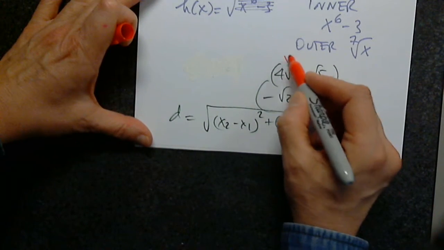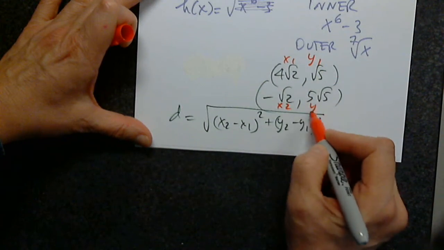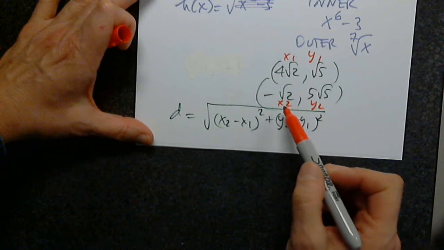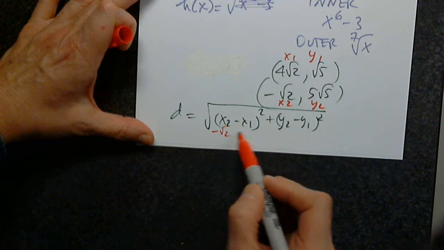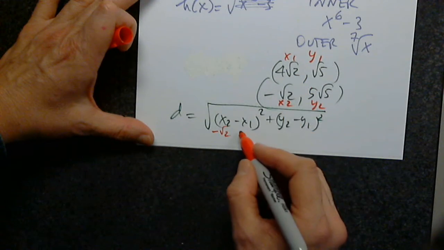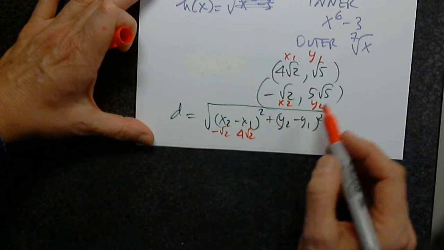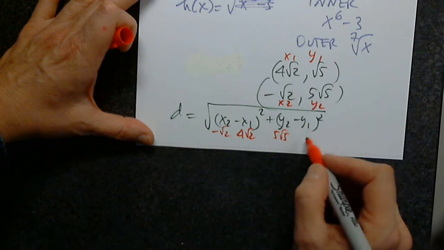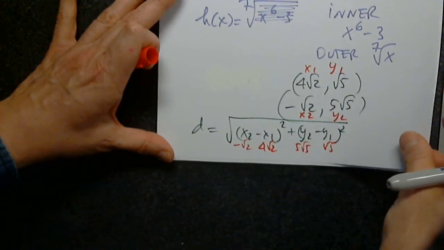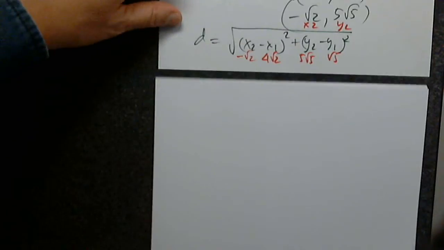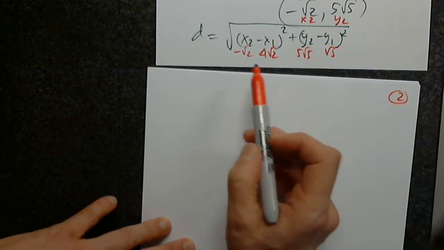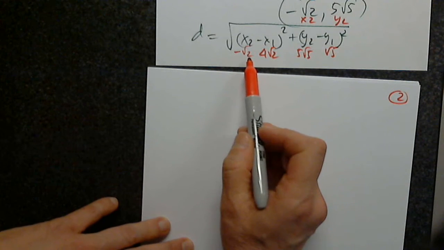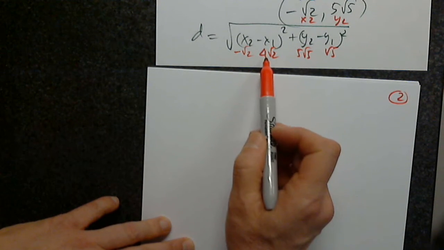So this is my x1, y1, and this is my x2, y2. So my x2 will be negative the square root of 2. My x1 will be 4 the square root of 2. y2, 5 the square root of 5, and y1, the square root of 5. So far, so good? Yes. Good. So now let's do this together. Negative an apple minus 4 apples.